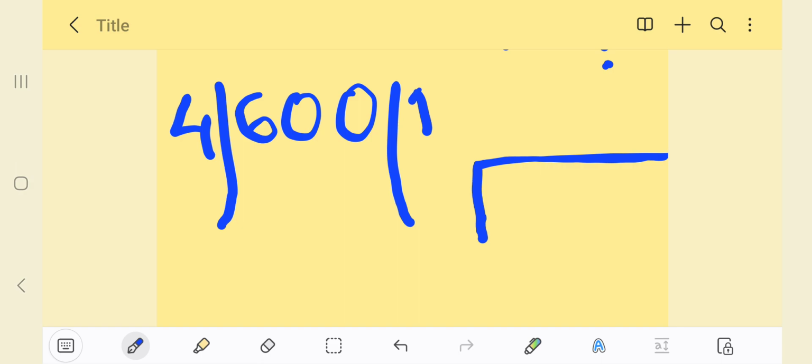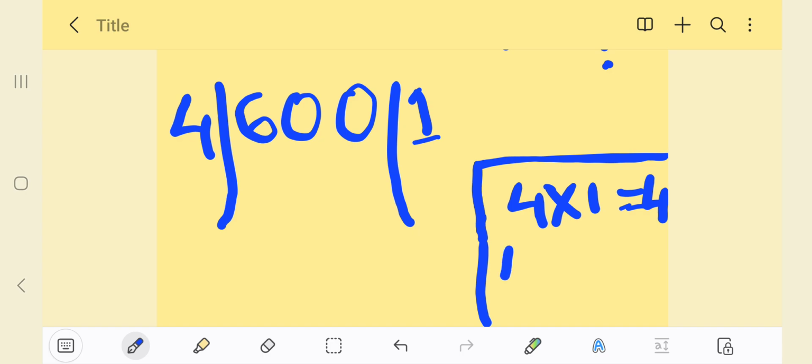We know that 4 times 1 equals 4, and we go onward to make sure that we don't miss anything. 4 times 2 equals 8.